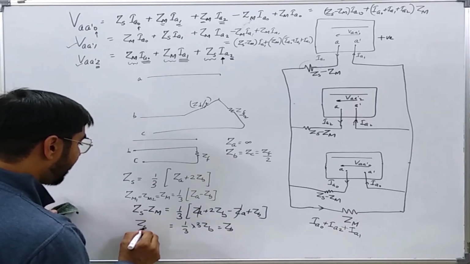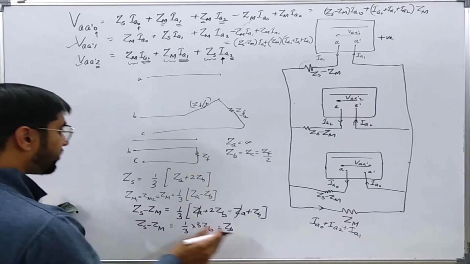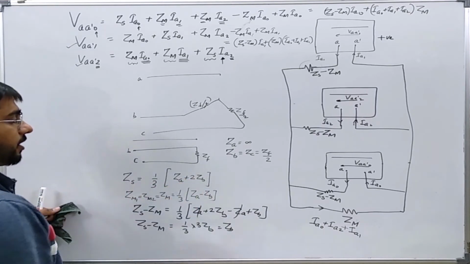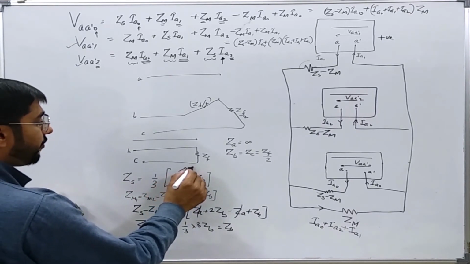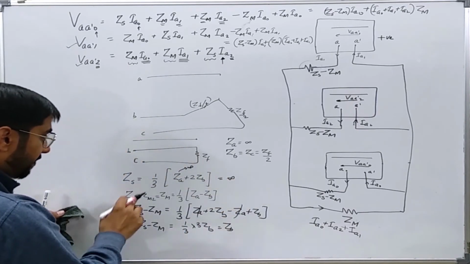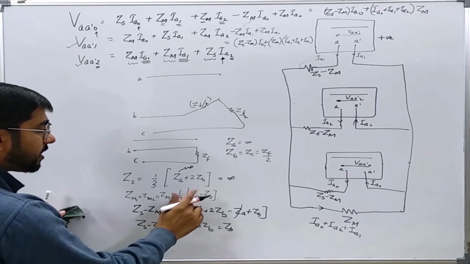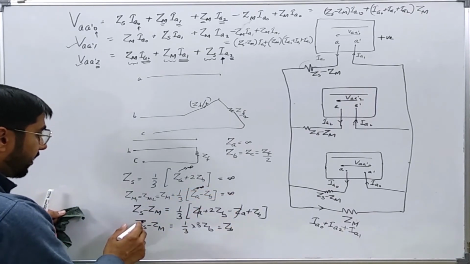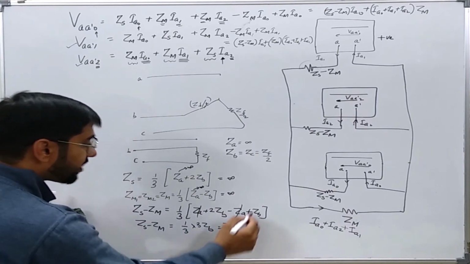So ZS minus ZM is equal to ZB, and ZS is equal to 1 by 3 ZA plus 2ZB. Now ZA is equal to infinity, so ZS is equal to infinity. And similarly ZM1 is equal to ZM2, and this is equal to infinity, so ZM is also equal to infinity. However, ZS minus ZM is equal to ZB.